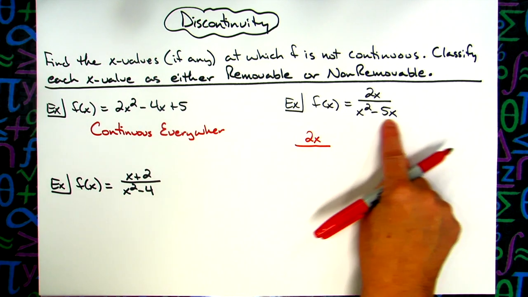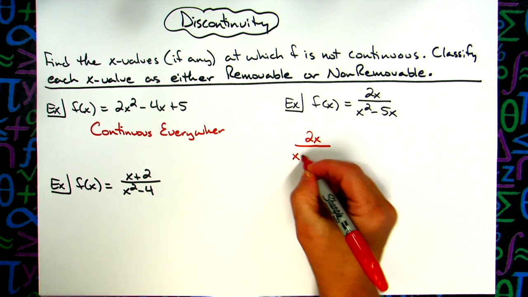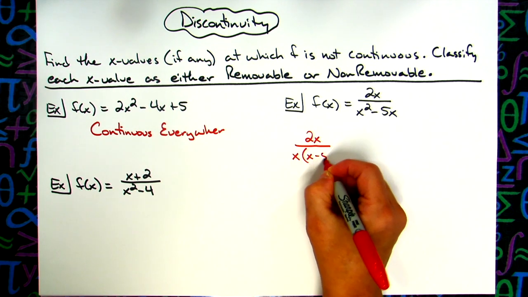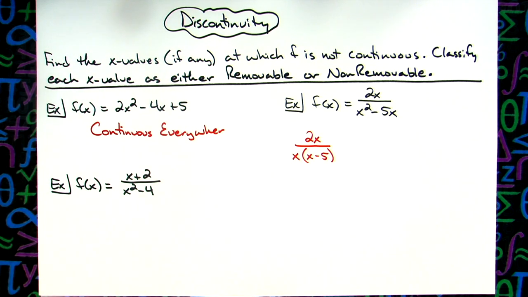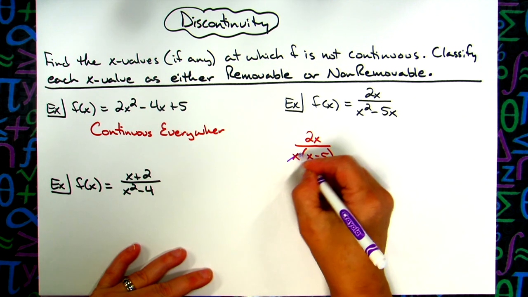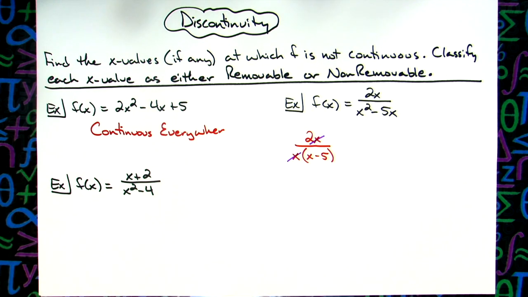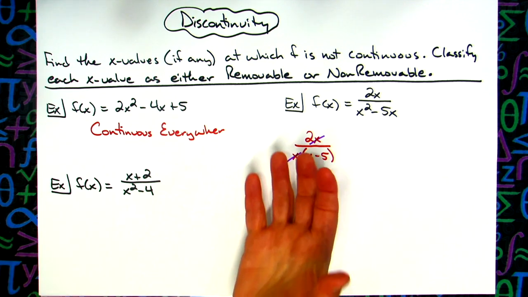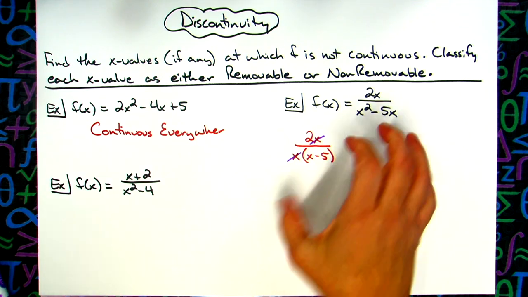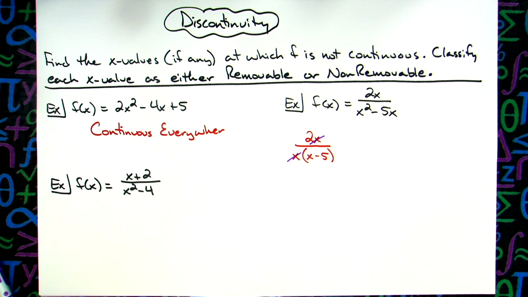Looking at the bottom, I'm going to factor out my x, leaving an x minus 5. Now I can see that I have an x in the top and an x in the bottom, so I can cross those out.